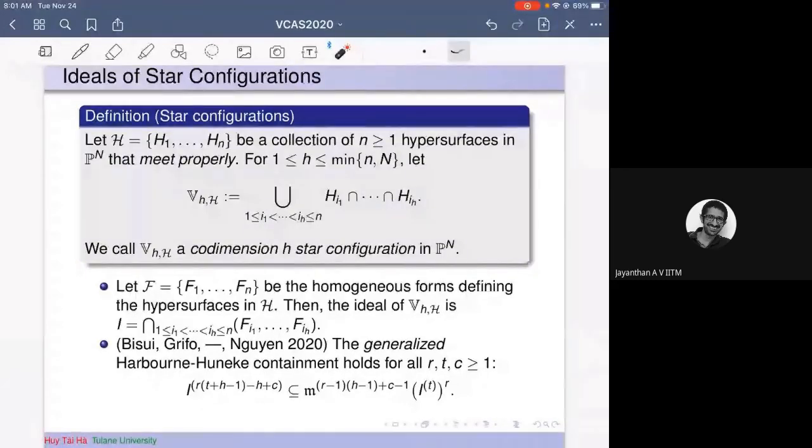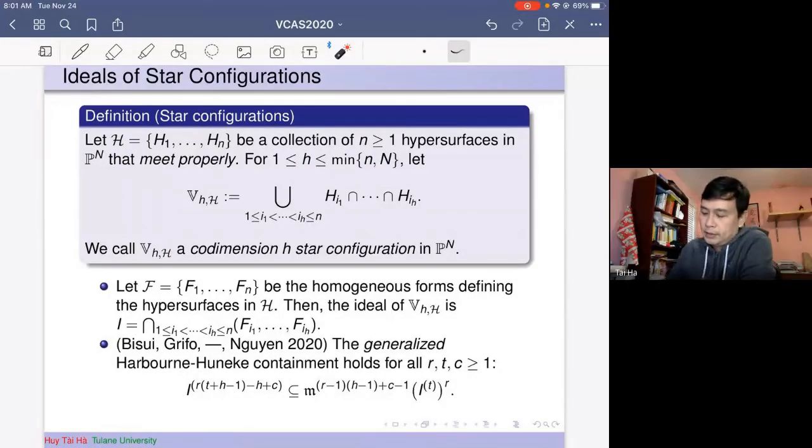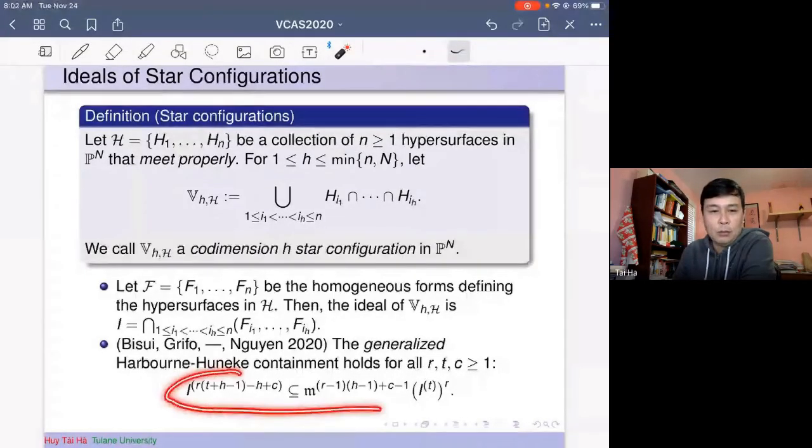Correspond like this, Chudnovsky's and Demailly's conjectures. I guess there is a corresponding formulation for monomial ideals, right? One can, yes. This is exactly where I get this containment from. As you can see, it's slightly more general than Harbourne-Huneke.